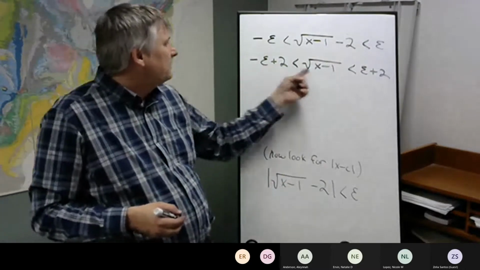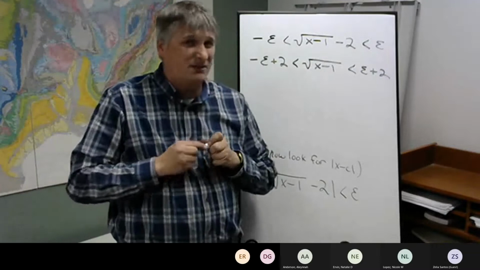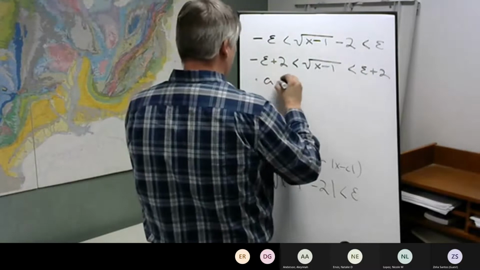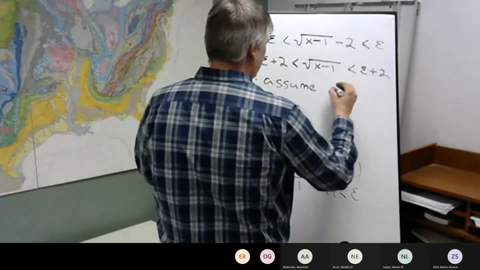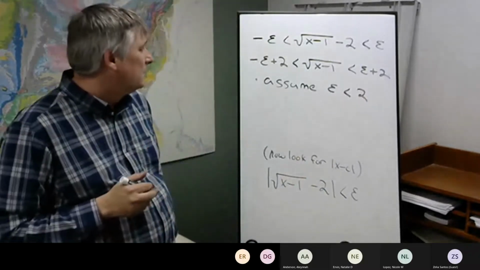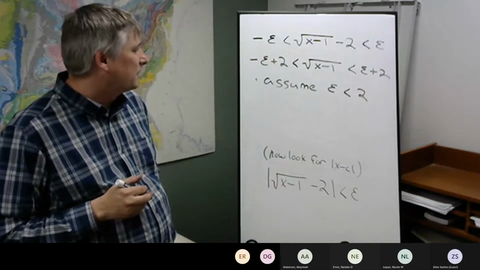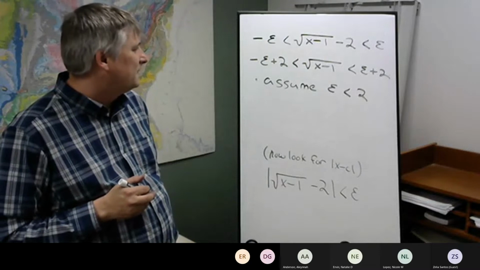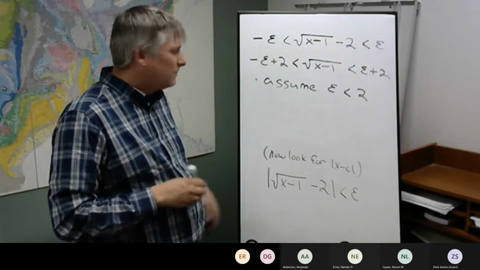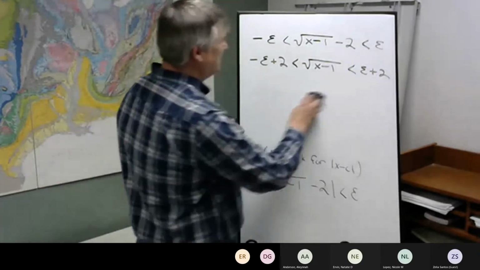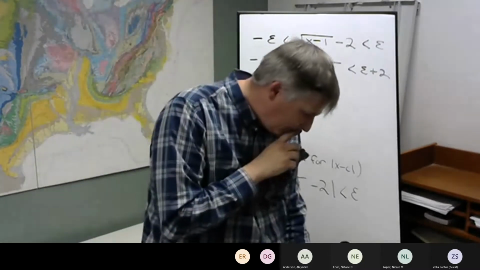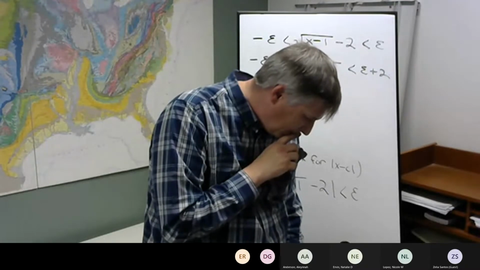Now, when we have things like this, we're going to make kind of an assumption. Again, this is an algebra trick. Let's assume epsilon is less than 2. So for this to work, let me double check this. Maybe this isn't important. Maybe this will be fine. I just want to make sure. Can't get in any sort of trouble with this.